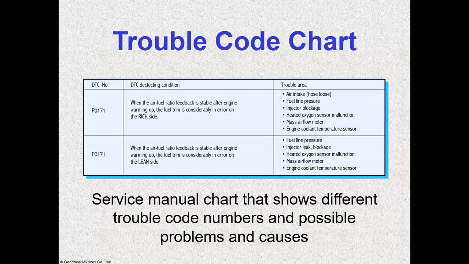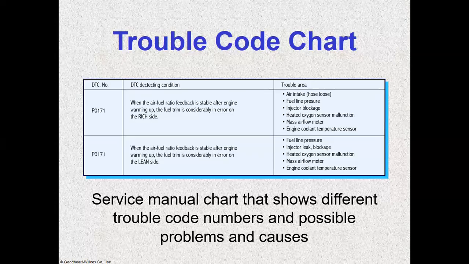So we have the air intake, the fuel line pressure, injector blockage, heated oxygen sensor malfunction, mass airflow meter, engine coolant temperature, and for the engine coolant temperature, it's actually telling the computer the engine is still cold, right?